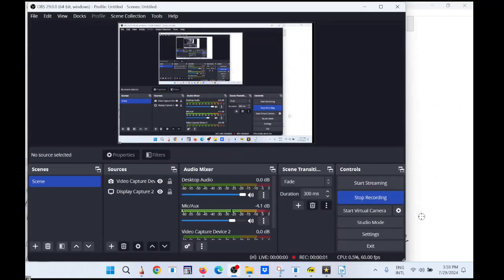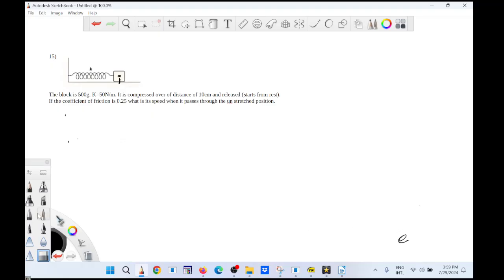So this one is not too hard, and you're going to have something very similar to this. You have the spring and the mass, and this is unstretched, so it's a resting position.